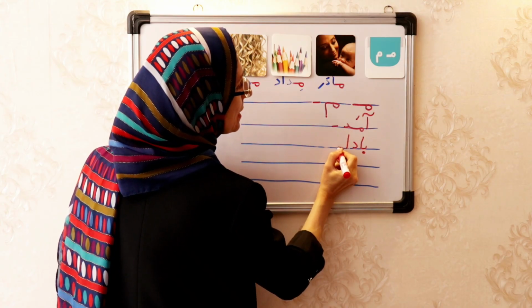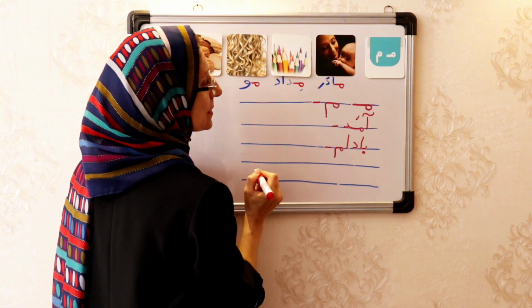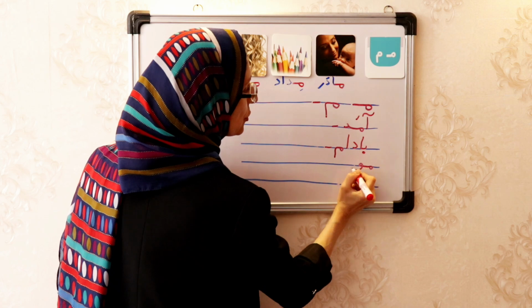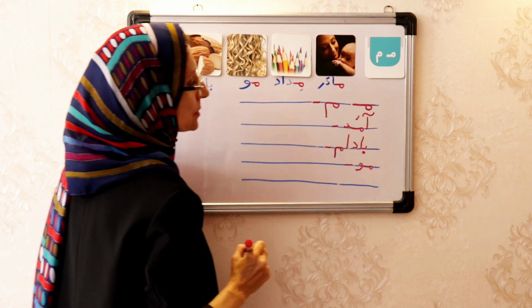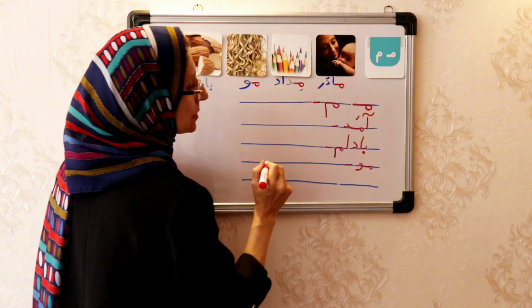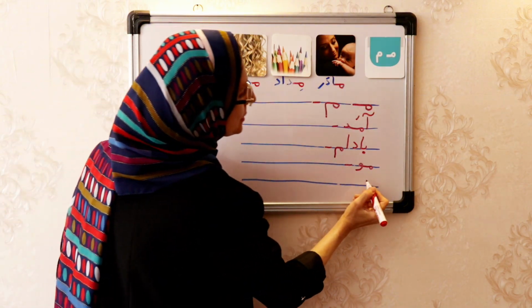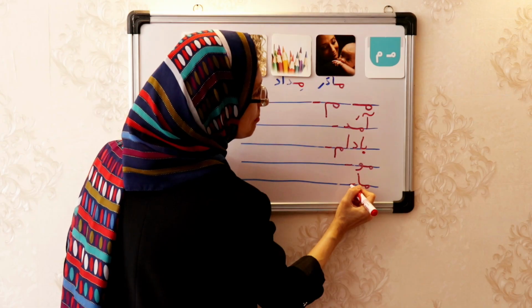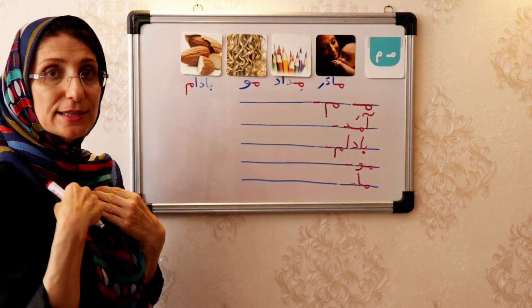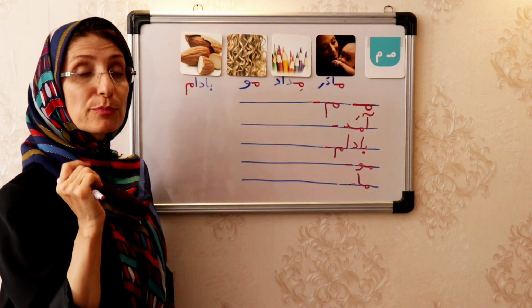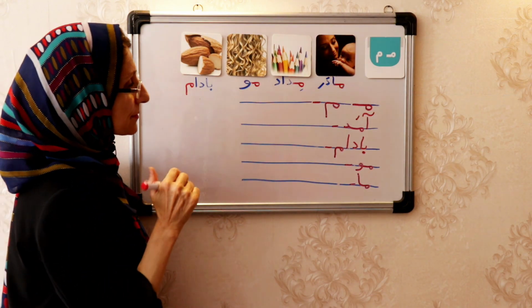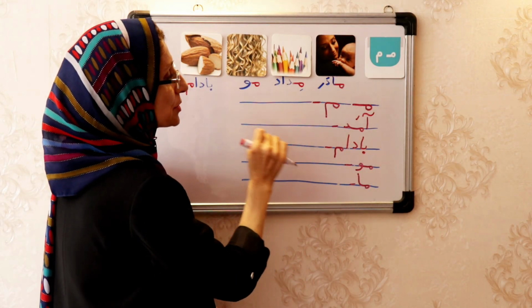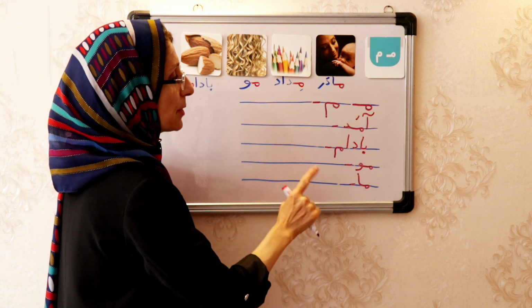Then write بادام. Write مو. Write "ma". "Ma" is "we", which I will teach you in the lesson of pronouns. آمد, بادام, مو, ما.